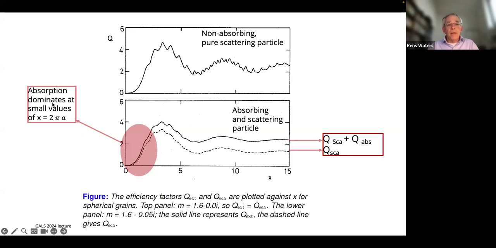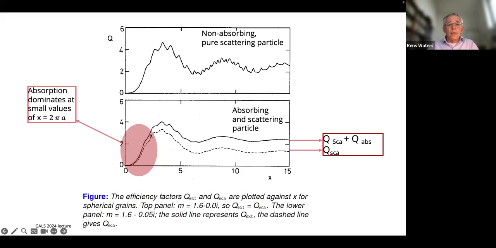You can see here that the solid curve is the total extinction, so Q scattering plus Q absorption, and for small x, when the particle is small compared to the wavelength, the scattering becomes unimportant because that goes as wavelength to the power minus 4, and only the absorption dominates.